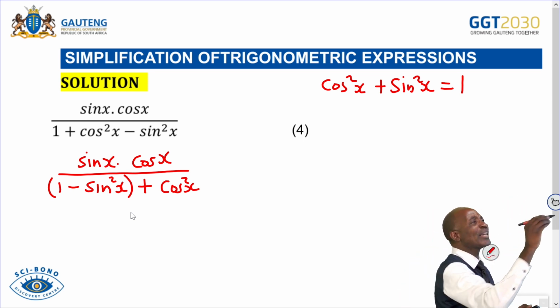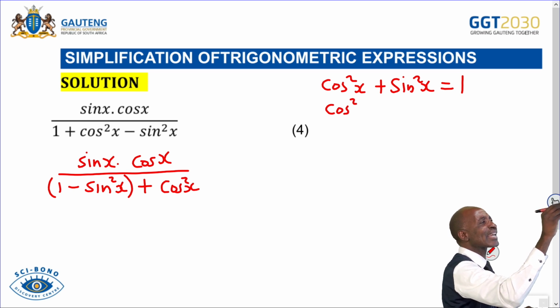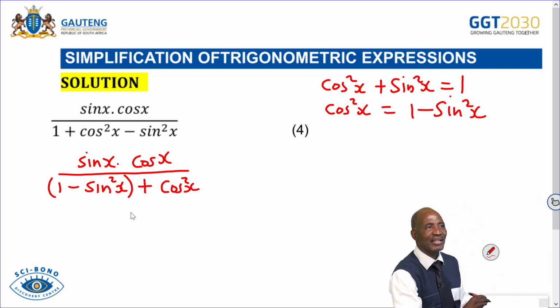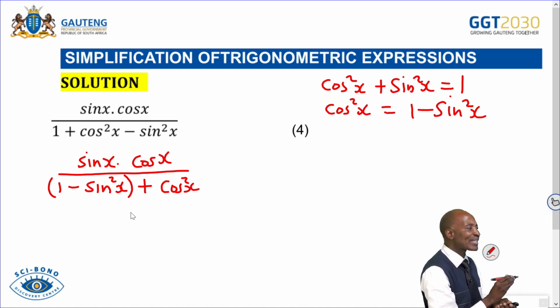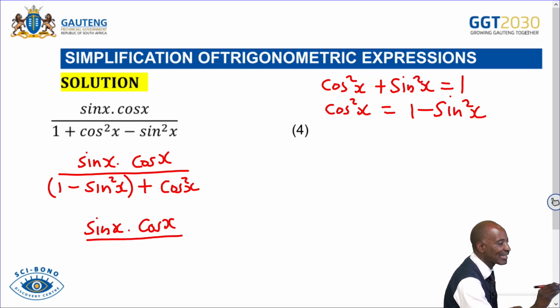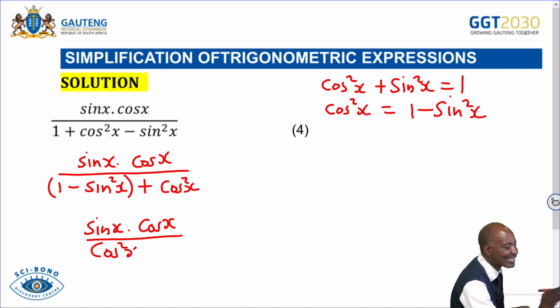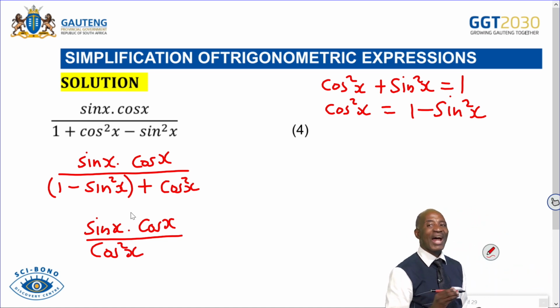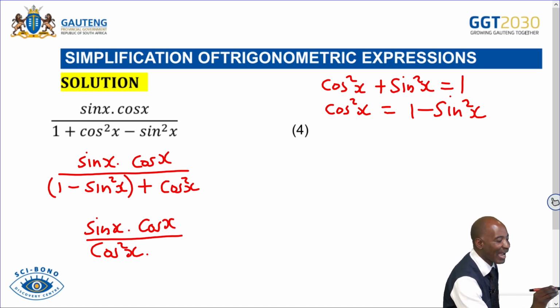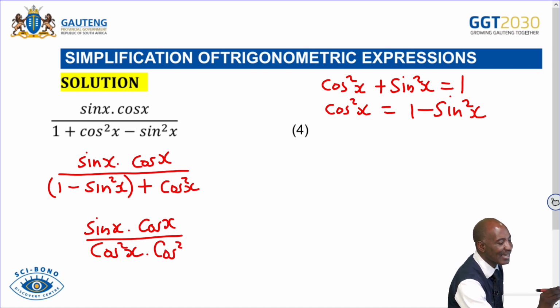Then I know if I make cos squared the subject of the formula, I get 1 minus sine squared x, which is what I have in my question. So where I see 1 minus sine squared x, I'll replace it and put its equivalent form, which is cos squared x. So sine x times cos x divided by cos squared x multiplied by cos squared x.